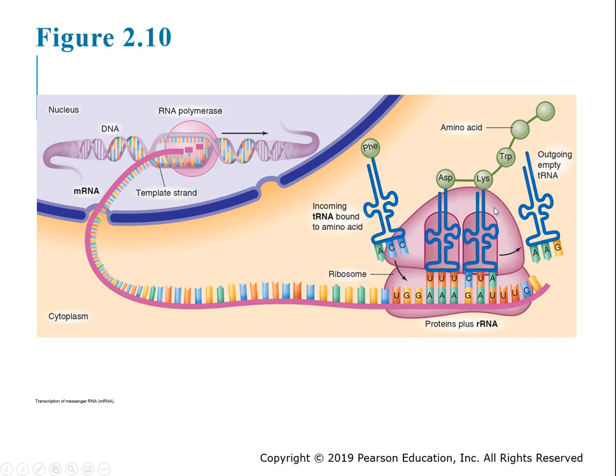And remember, when we talk about translation, we're essentially reading the information in the mRNA that's in the form of these triplet codons, right? And then that codes for specific amino acids that then make up the protein. So we were just talking about mutations, right? So if there's a mutation here in the DNA, the mRNA is made and that has that mutation.